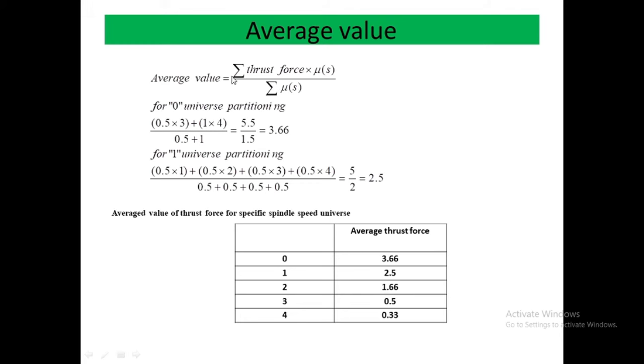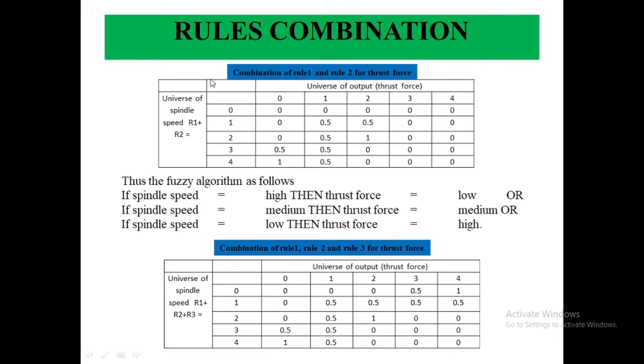Here, what is the sum of thrust force? According to our previous table, the combination of rule 1, 2 and 3, there are two fuzzy terms: the universe of spindle speed 0, 1, 2, 3, 4 available, and also the universe of output 0, 1, 2, 3, 4 available. Here you see for the universe of spindle speed 0, the universe of thrust force in term 0 is 0, term 1 is 0, term 2 is 0, term 3 is 0.5 and the fourth term is 1.